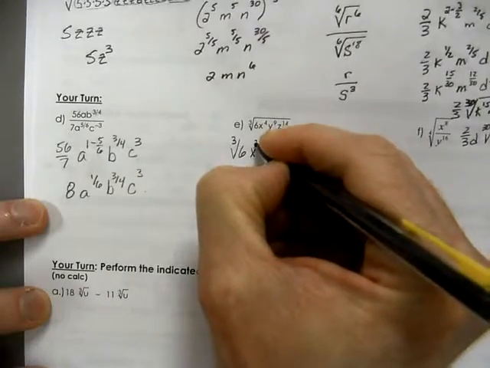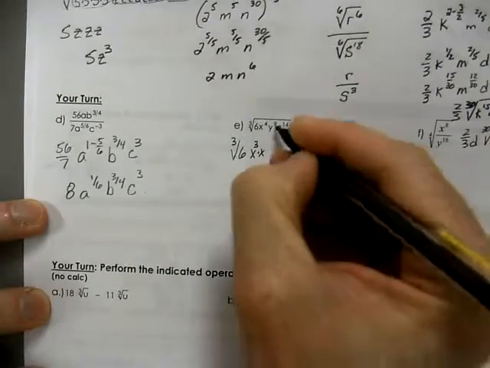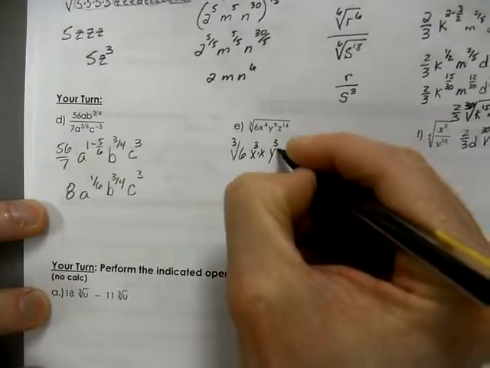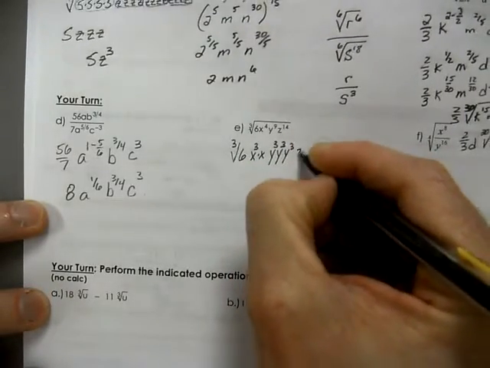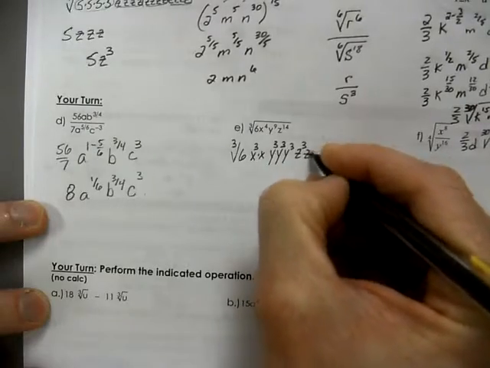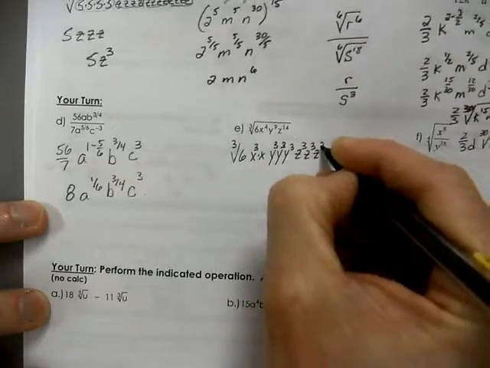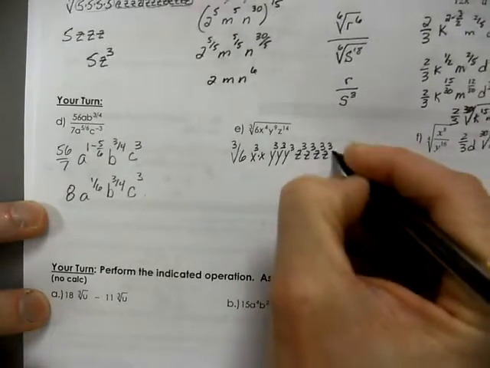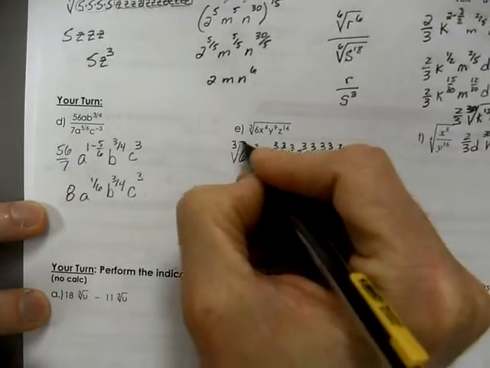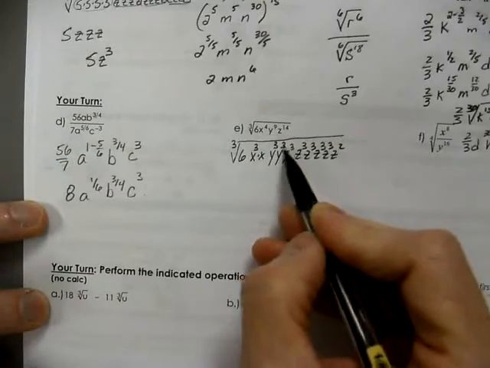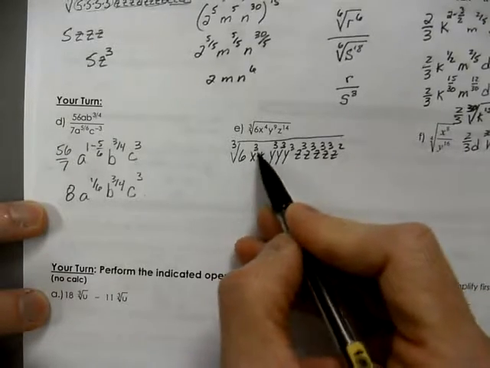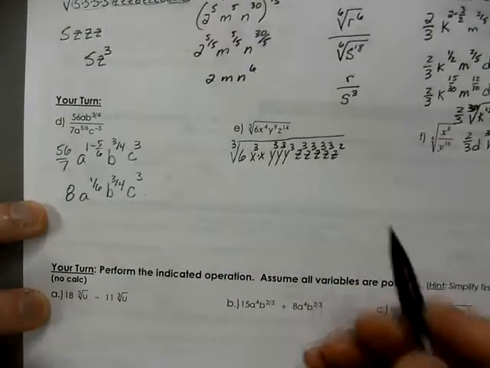This is x cubed times x. This is y cubed, and y cubed. And this is z cubed. So there are 14 z's, 9 y's, 4 x's, and then my 6.